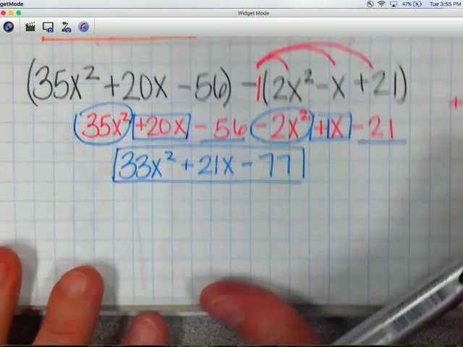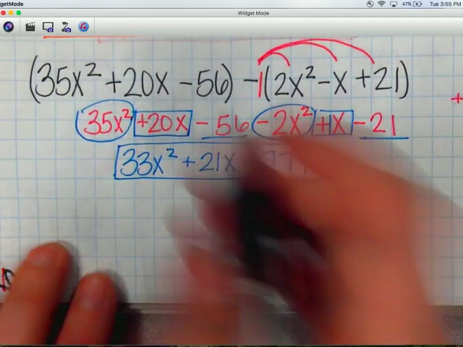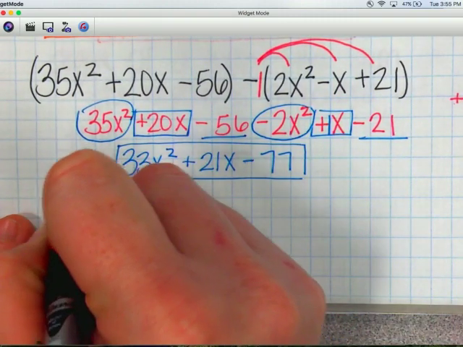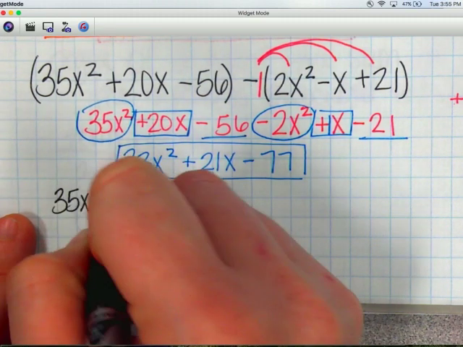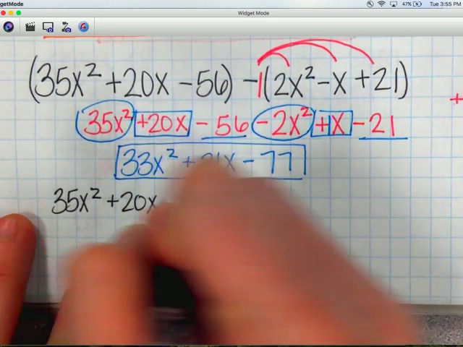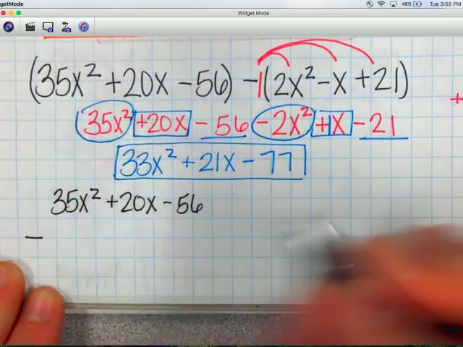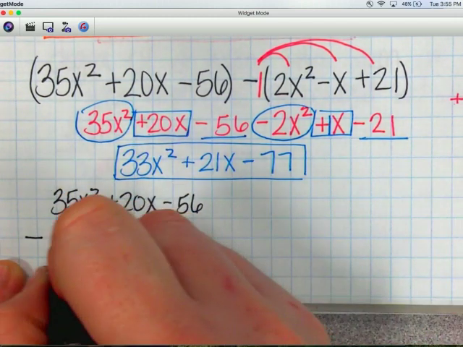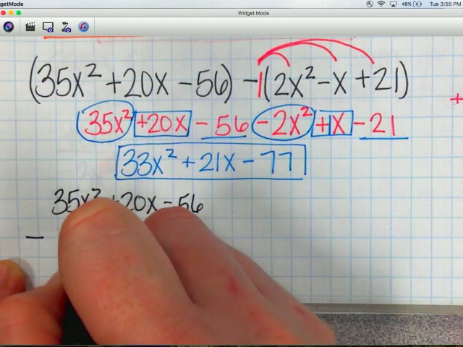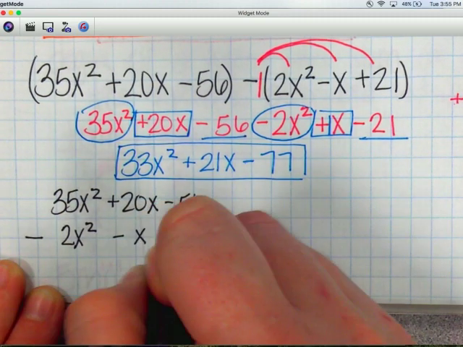Okay, I'm going to stack them on top of each other and show you how that's a little bit different. So 35x squared plus 20x minus 56, and then minus everything down here: 2x squared minus x plus 21.